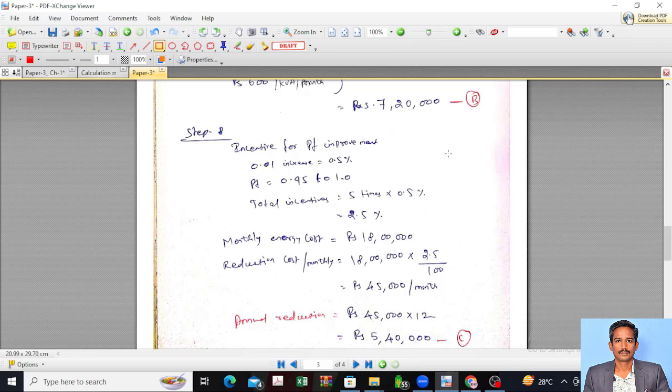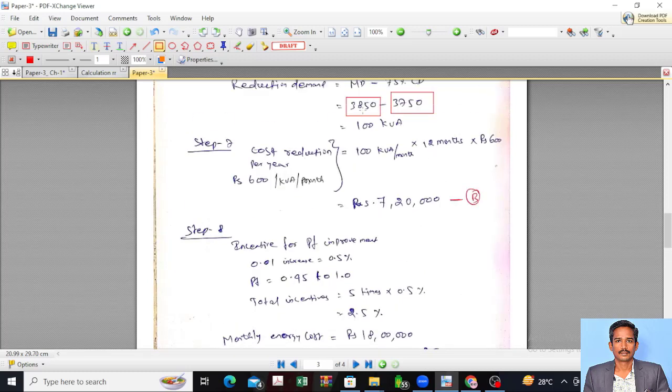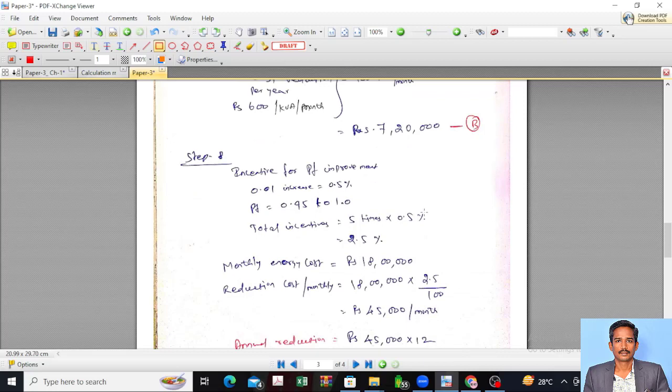Then you calculate how much the maximum demand reduces. The EB company always charges a maximum of 75% of contract demand, which is 5,000 equals 3,750. Already we have 3,850 minus 3,750, which is 100 kVA. We have to calculate how much cost reduction this gives: 7,20,000 cost reduction.